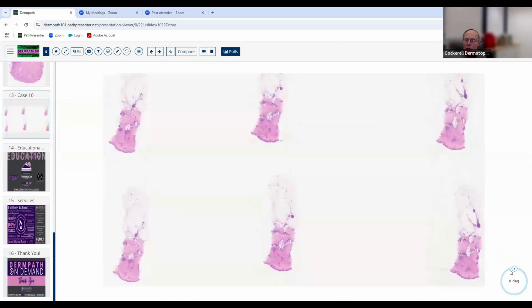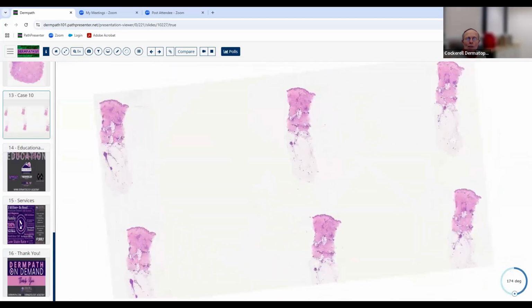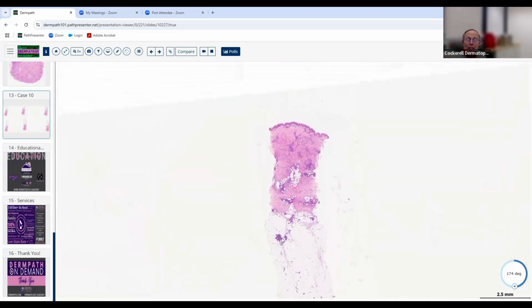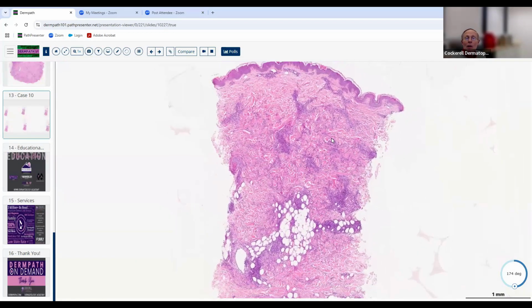Okay, this last one, we'll just go through quickly. Inflammatory process, once again, punch biopsy, good example. Superficial and deep perivascular infiltrate. So this is, again, a superficial and deep perivascular process. Also at low power, you can see it's also interstitial. So it's not purely perivascular.